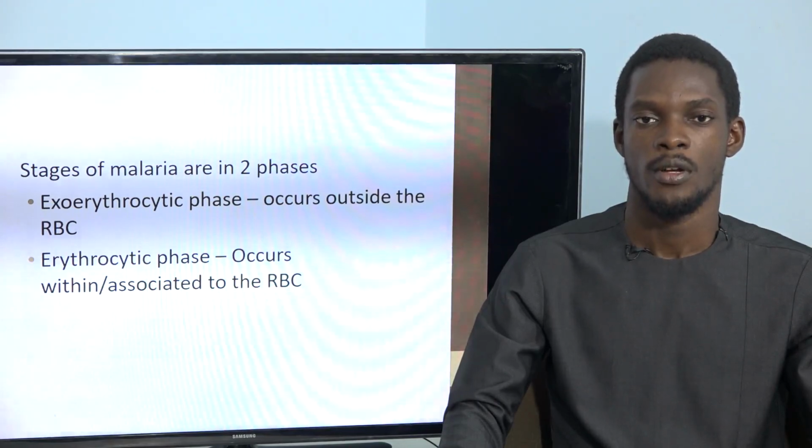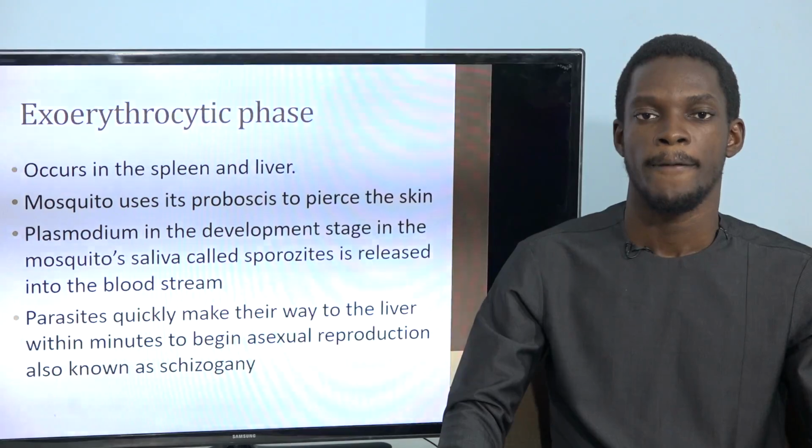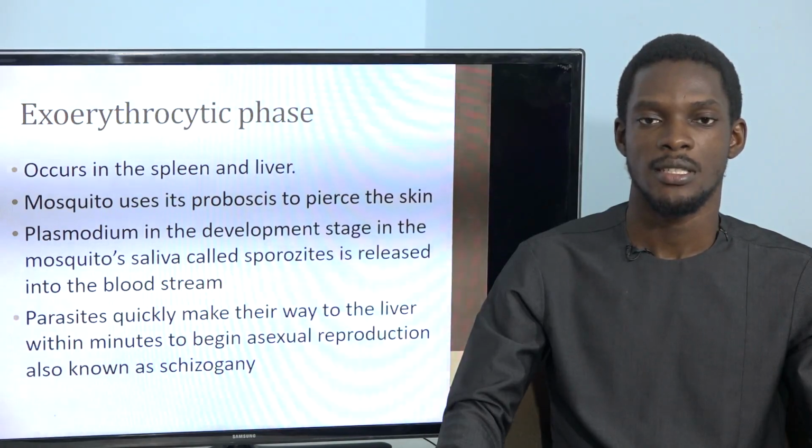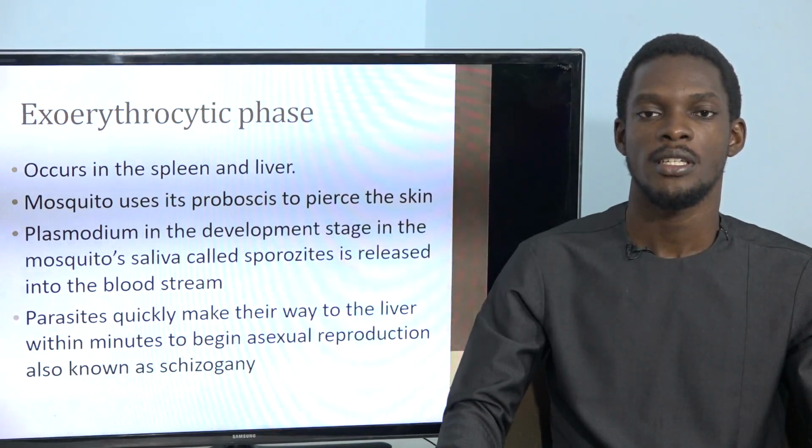And therefore, the exoerythrocytic phase comes first and the erythrocytic phase comes second. So the exoerythrocytic phase occurs in the spleen and in the liver. What happens is that as the mosquito uses its proboscis to pierce into the skin, Plasmodium in the developmental stage in the mosquito saliva, called sporozoites, is released into the bloodstream.